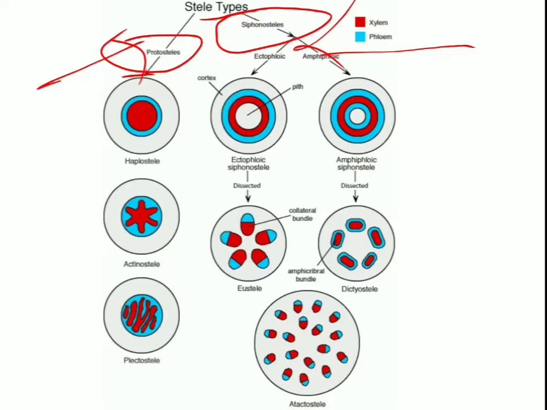You can see the white portion is the pith, the red portion is xylem, and the blue portion is phloem. This is the protostele.